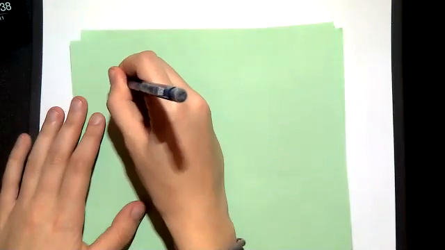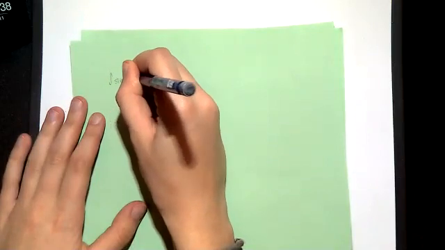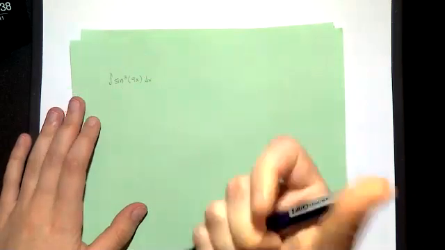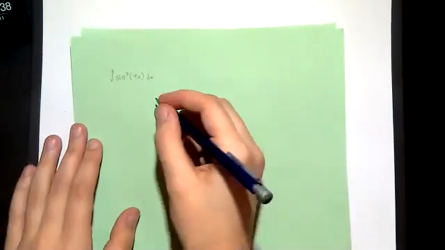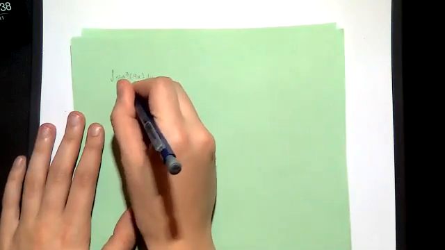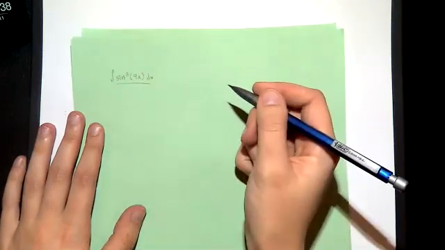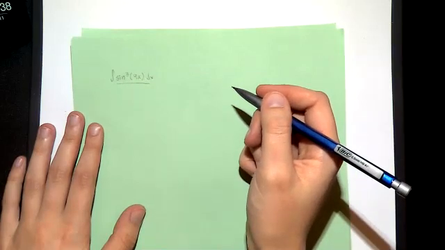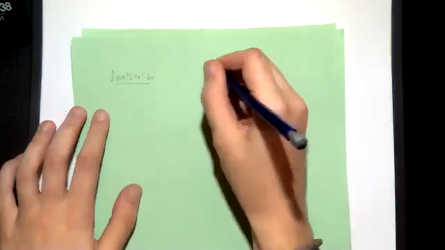the indefinite integral of sine cubed of 9x dx. So we can go about this guy in a number of different ways. What I would suggest doing is breaking up this sine cubed into multiple versions of sine or cosine using your Pythagorean identity.